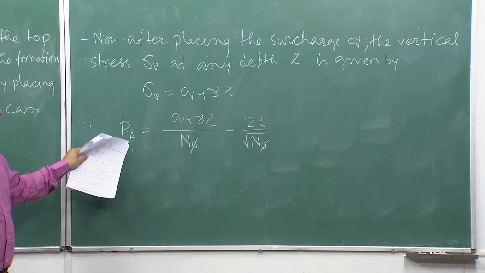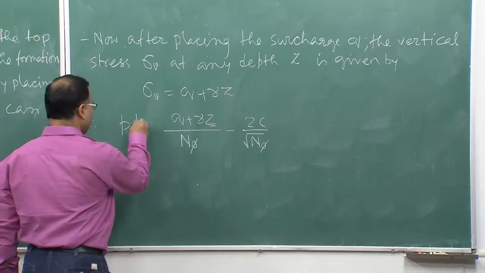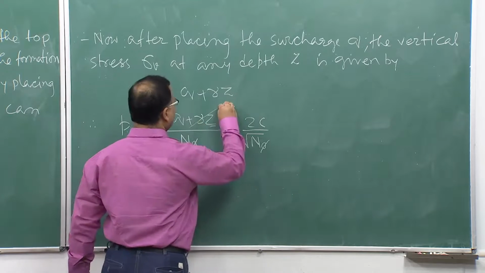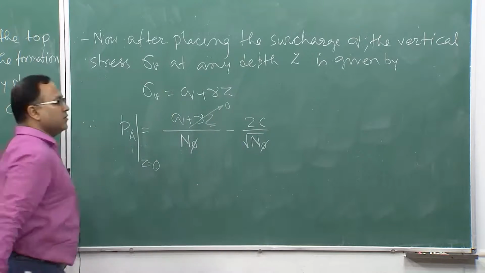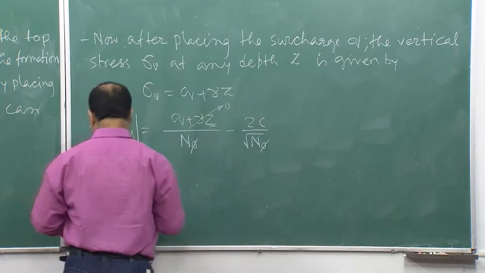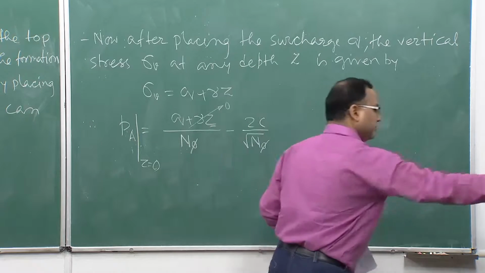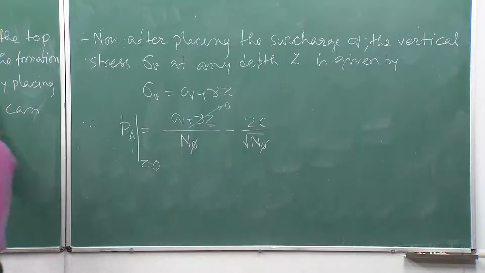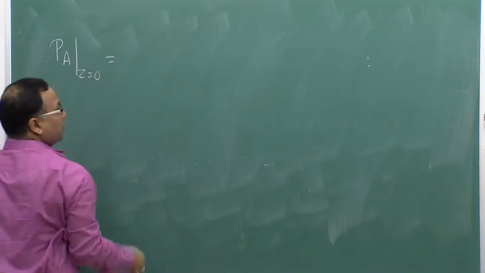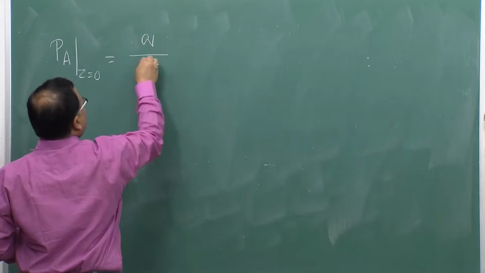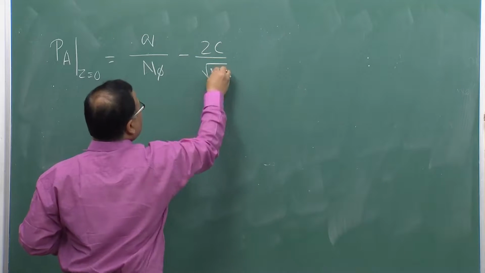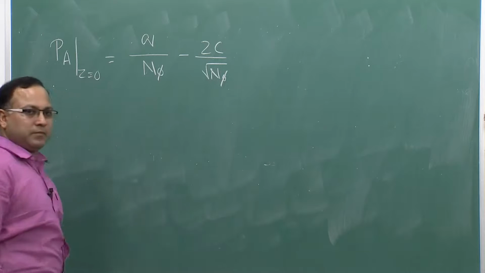So, at point A, means at Z equal to 0, this term will be 0. So, the remaining part will be, your PA at Z equal to 0 will be what? Q by n phi minus 2 c by root over n phi.